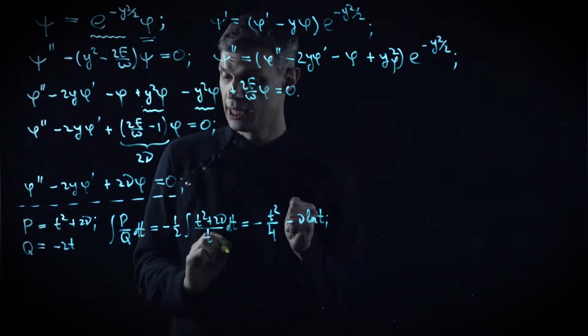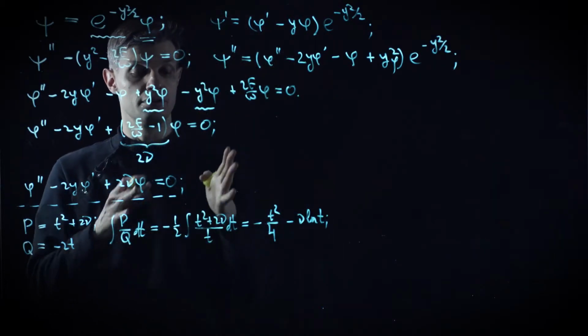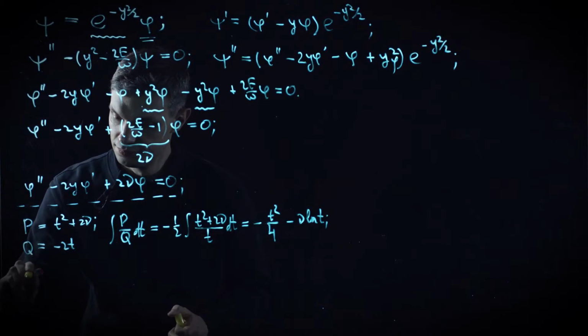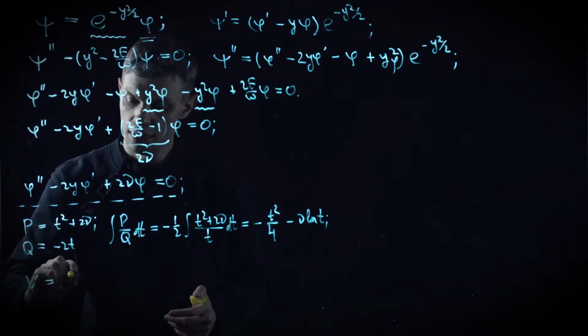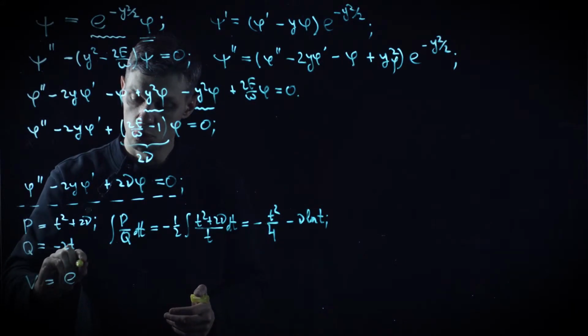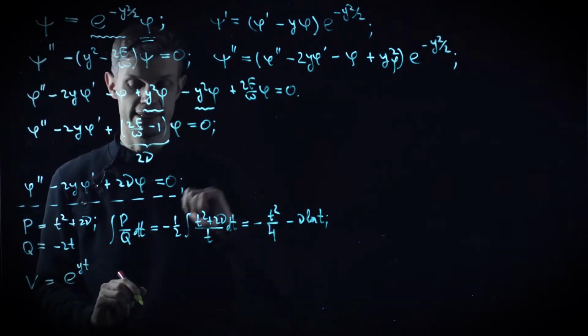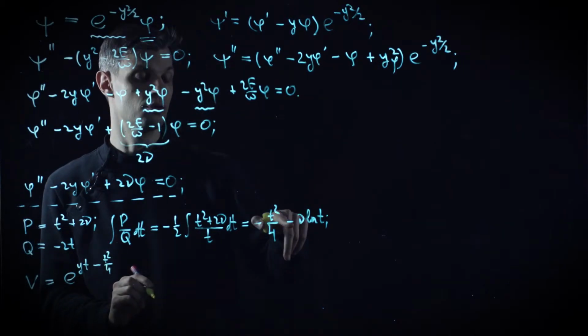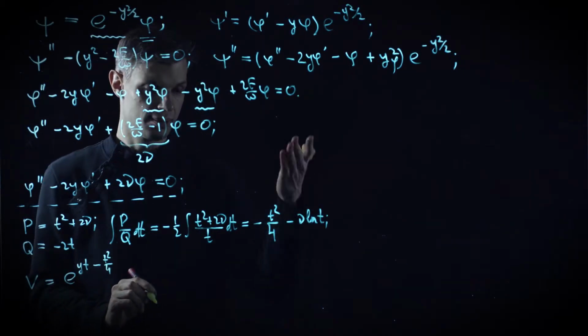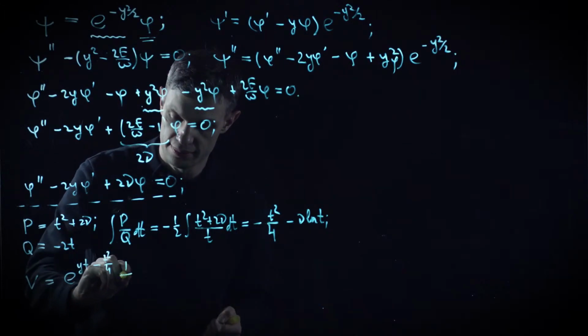They are irrelevant. And we write down our v function, which is simply e to the yt minus t squared over 4 plus or minus nu logarithm of t. But let's write it like this.